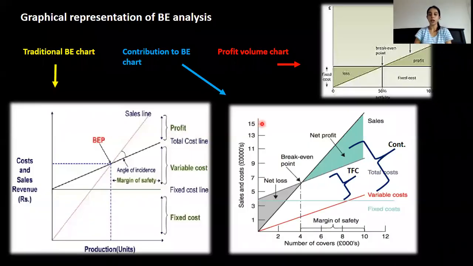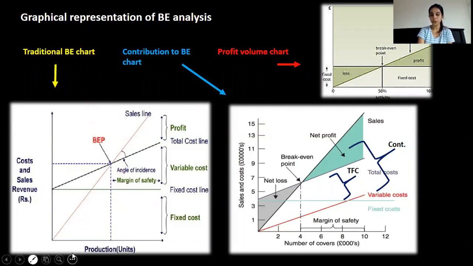Now let's focus on how we represent those numerical values in graphical form, the graphical representation of break-even analysis. For this, we can use three types of graphs: the traditional break-even chart, the contribution break-even chart, and the profit volume chart. In the traditional break-even chart, we use the sales line, total cost line, and fixed cost line.